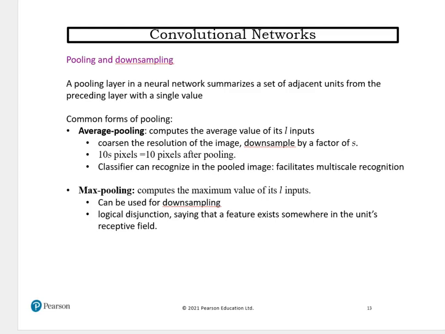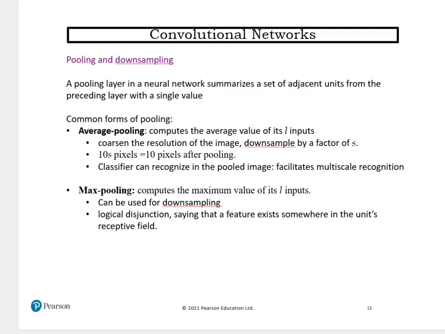And if we set L equal to the stride, the effect is to make the resolution of the image coarser. So essentially, we're downsampling by a factor of S. We could be starting with a very accurate image, and then we're taking the average of a bunch of pixels next to each other and combining them into one value.